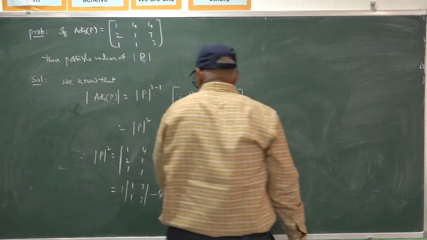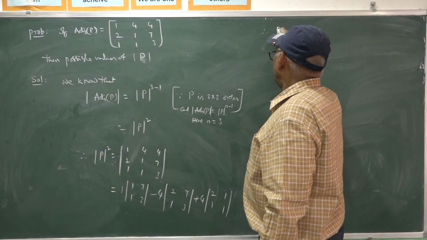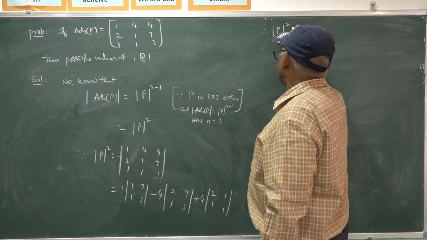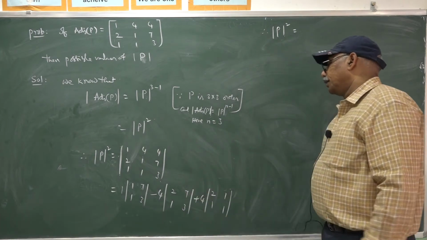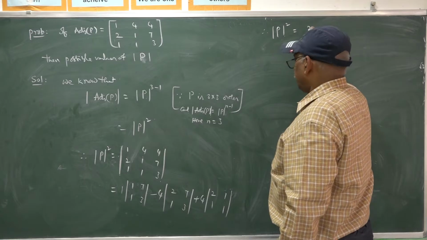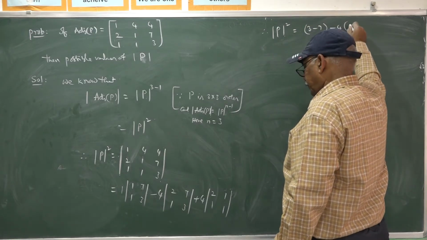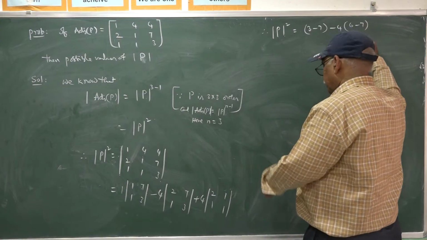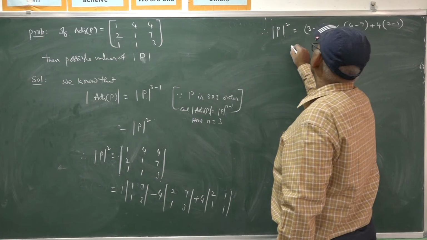Once the elements are simple values, you can evaluate the determinant by expanding about any row or any column. So that we get 3 minus 7 here, minus 4 into 6 minus 7, plus 4 into 2 minus 1.